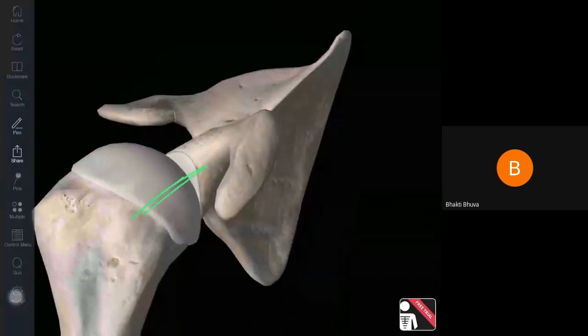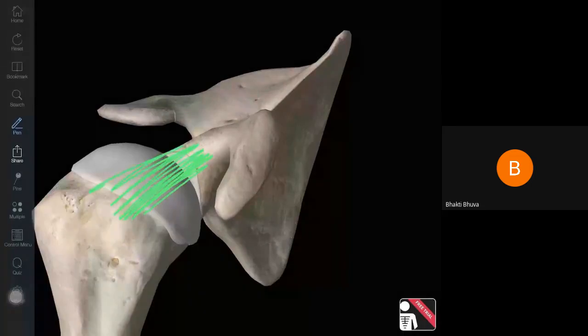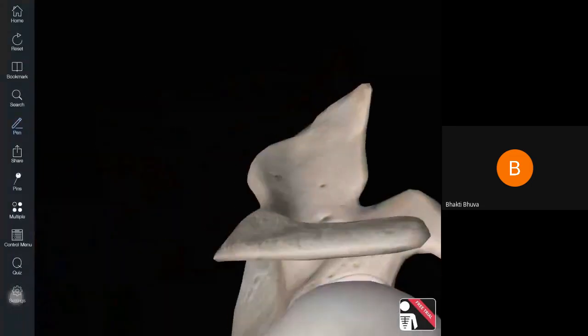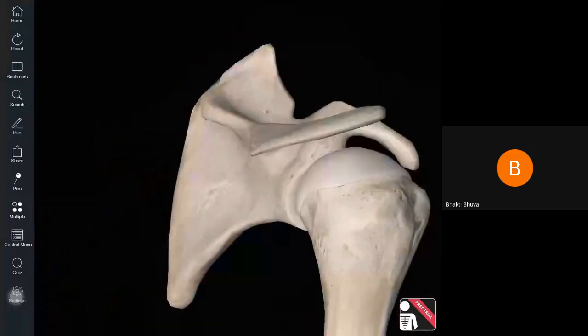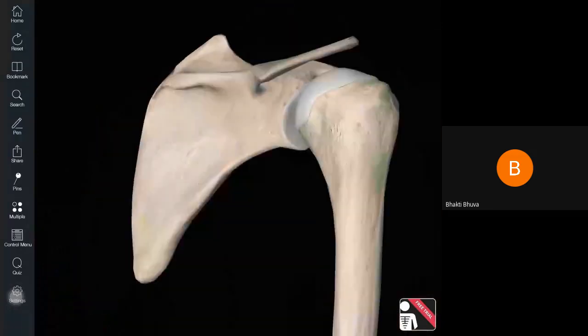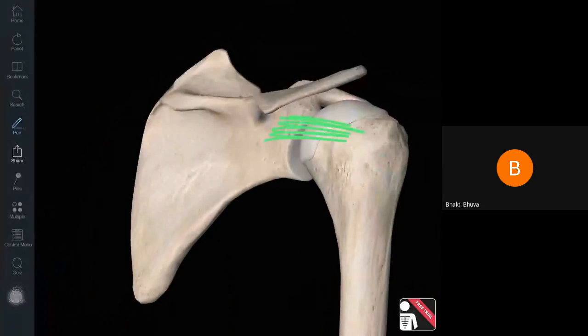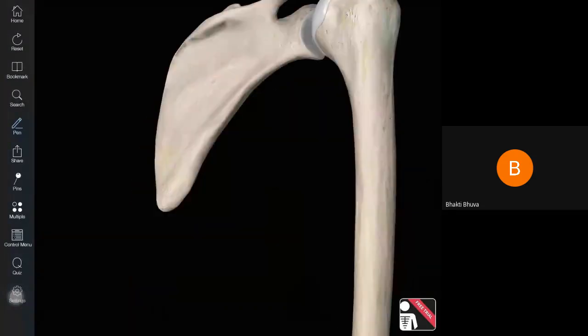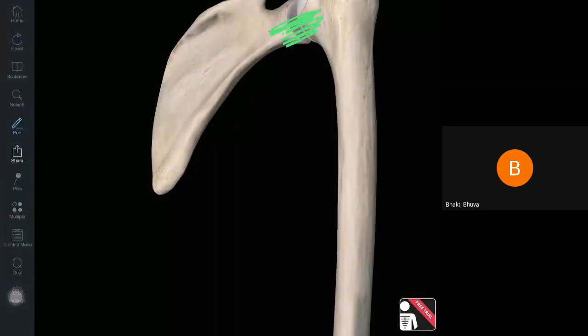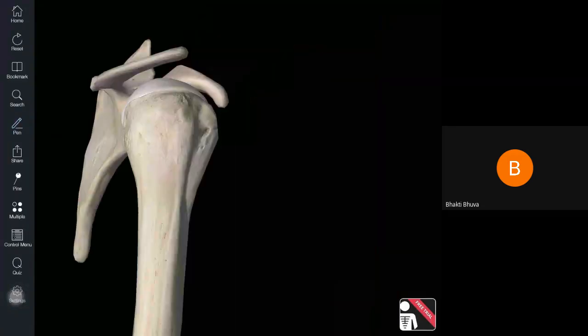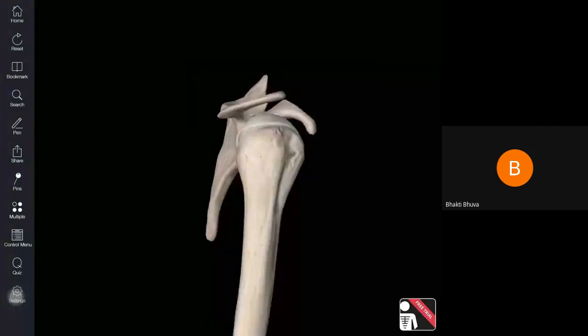It is covered in all the direction. Clear? And here will be the posterior joint capsule and the inferior joint capsule. Clear? So the joint capsule is covered in all the direction.